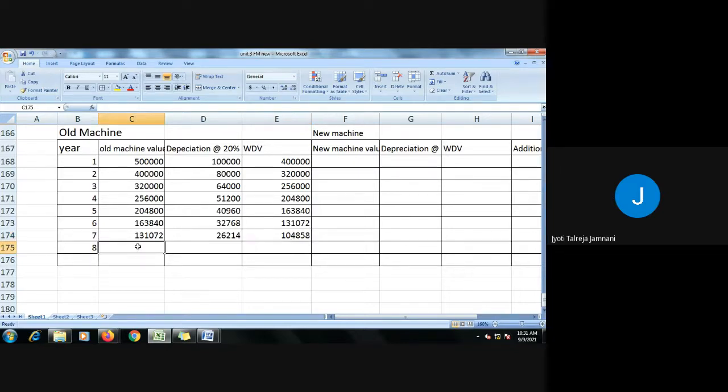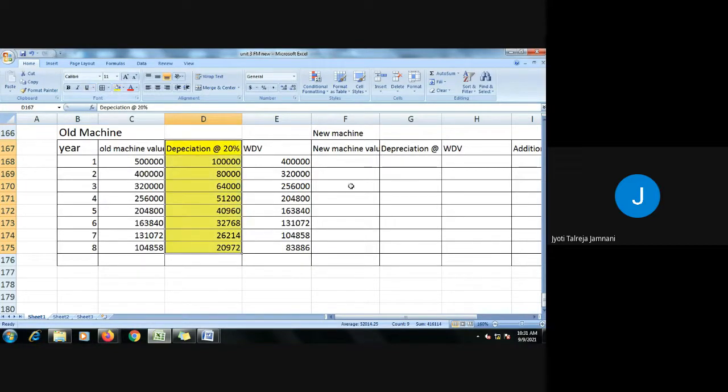On 1,04,858, we'll find 20% depreciation, which is 20,972, and we'll get 83,886 as the remaining balance. So this is the depreciation of the old machine, which we have to keep in mind and highlight.